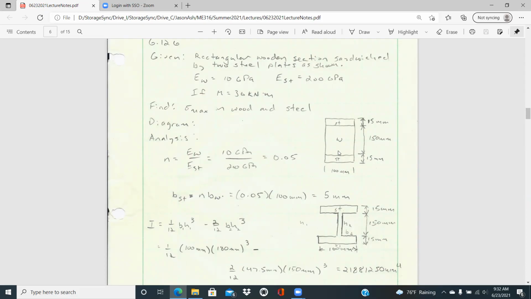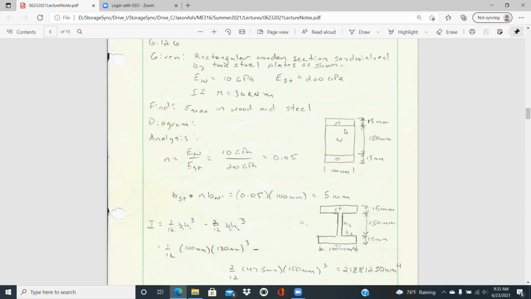What I'm doing is transforming the wood into steel. And so that's just going to narrow that considerably. The alternative would have been to calculate this top portion if it were wood, and that would expand that out in both directions. So you really have both, either method that you could do.